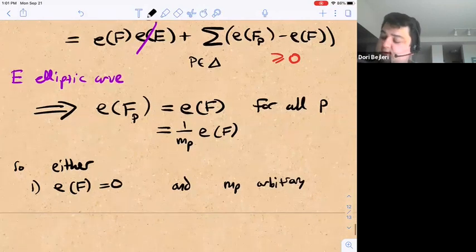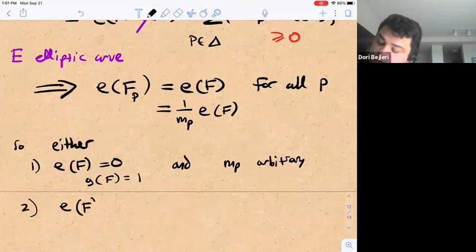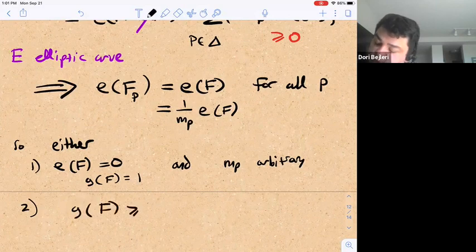In this case, the genus is 1, or the genus is greater than or equal to 2, in which case the only way we can have these equalities is if M is 1.